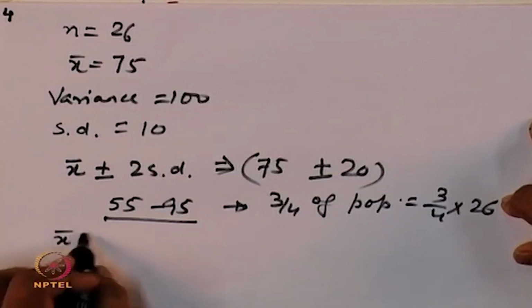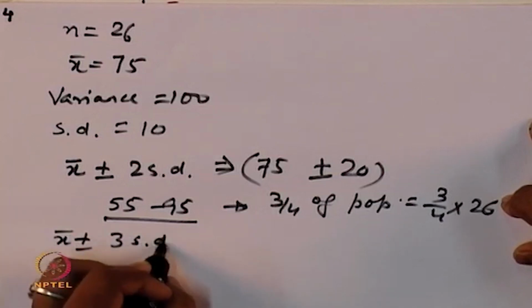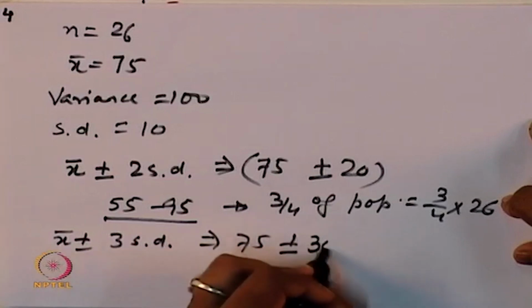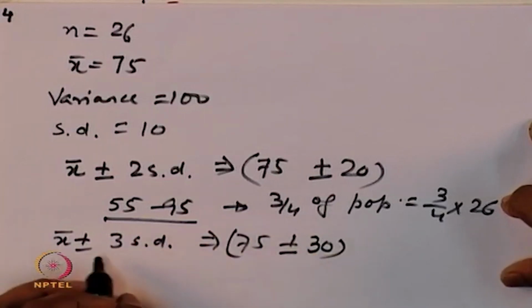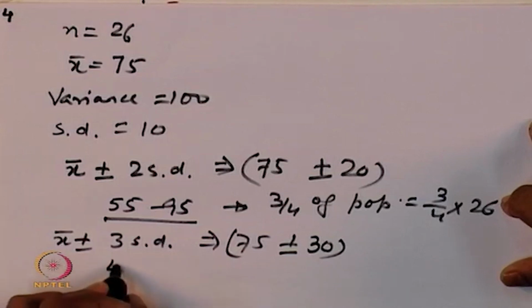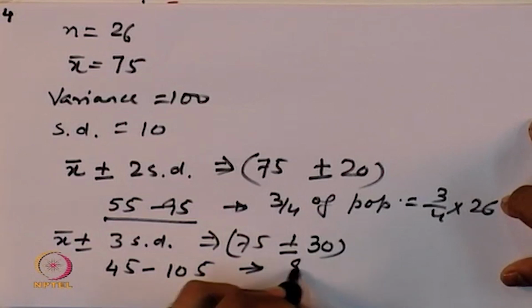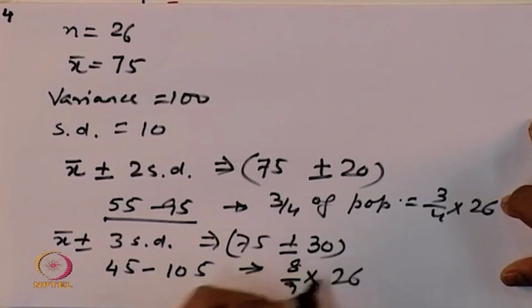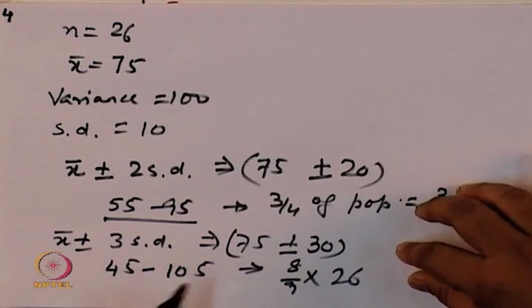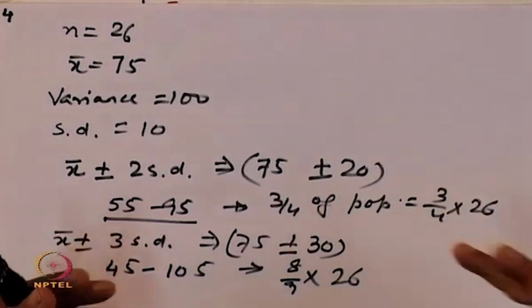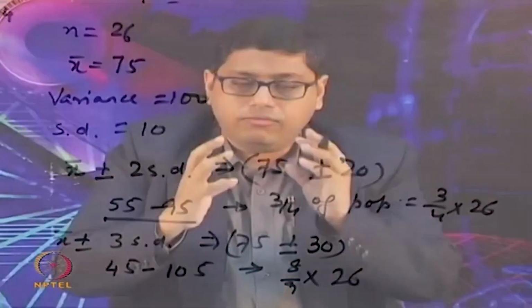Similarly, x bar plus or minus 3 standard deviations would give me 75 plus or minus 30. So, between 45 to 105, 8 by 9 into 26 of the population will lie within this range. So, this allows us to think of what fraction of the population represents the bulk of the data.